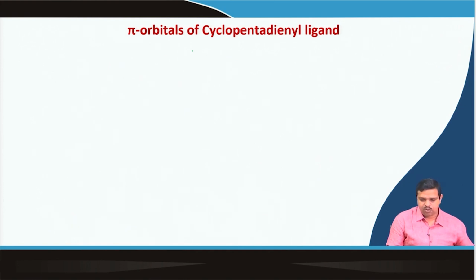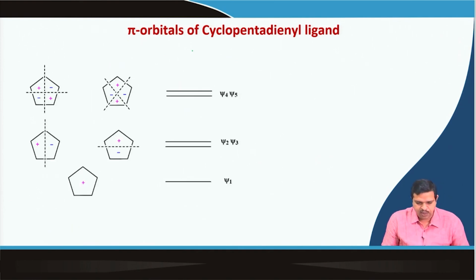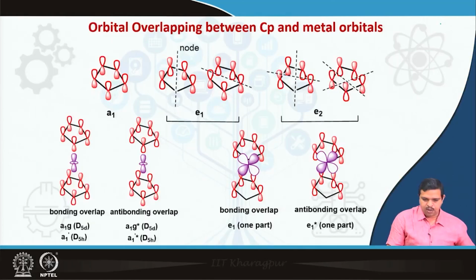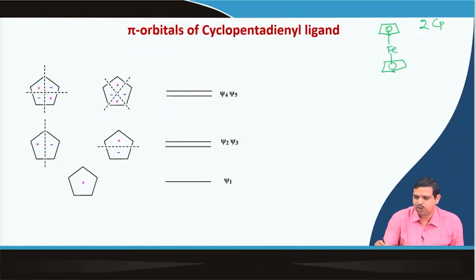This will be useful to understand the ligand group orbitals when we consider two Cp ligands. For ferrocene, again I am drawing here: we have one metal center and two Cp ligands, and you know the concept of the LGO, the ligand group orbitals.